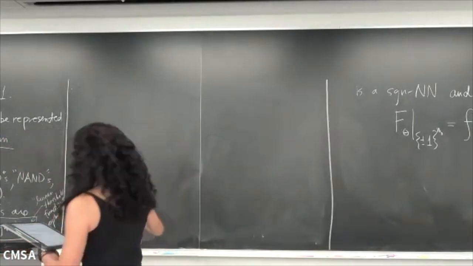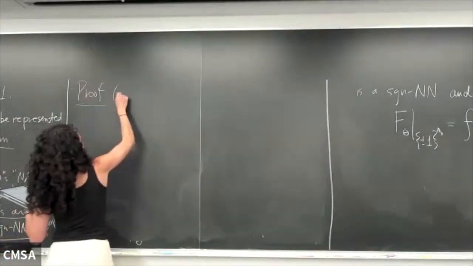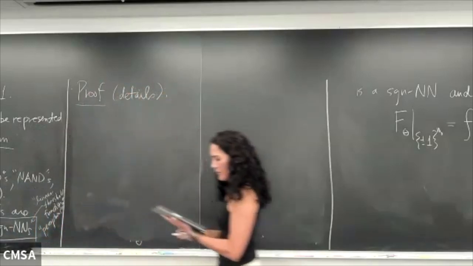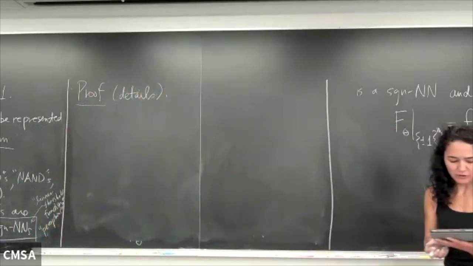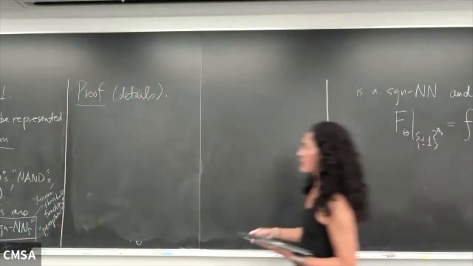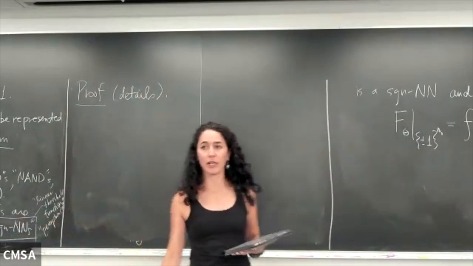That's the sketch. Let me now give details. And actually the details are useful to kind of understanding what's going on. So let's actually start with the second part, because this is more to do with what we were talking about here.